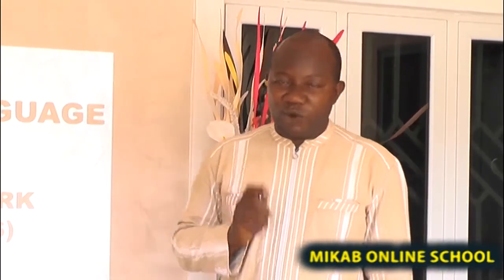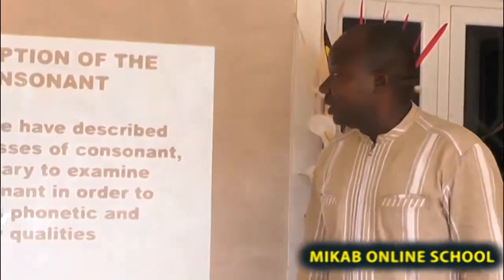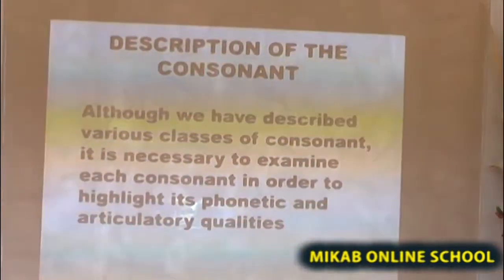Another important thing about consonant sounds that we must understand is the voiced nature and the voiceless nature of the consonant sound. So as we continue the description of the consonant sound, we shall be taking it one after the other.